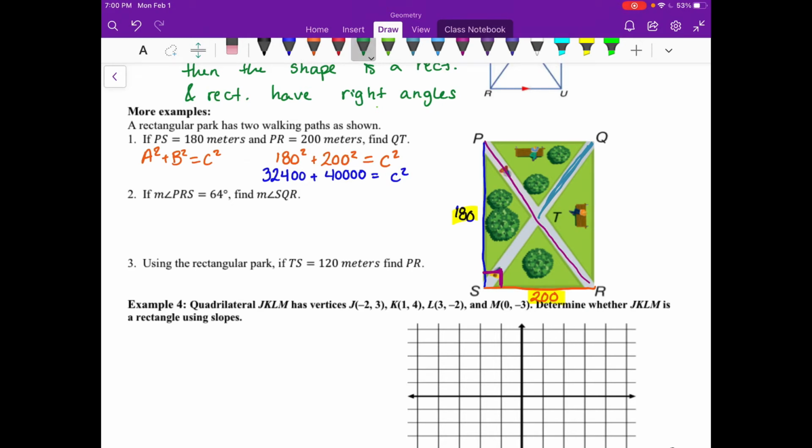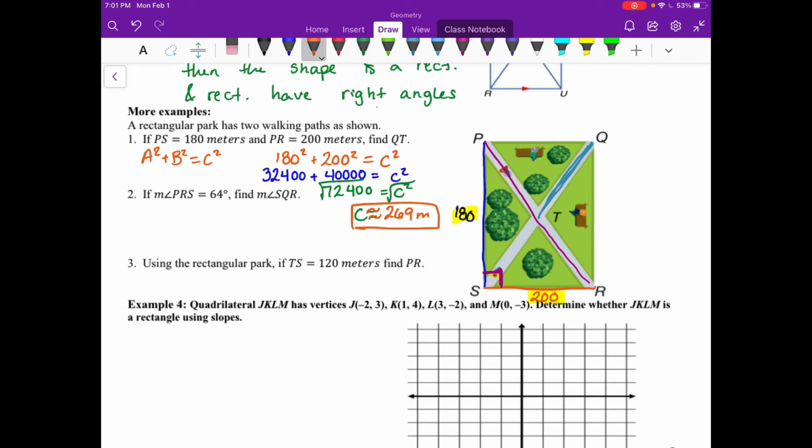And I got 72,400. We're going to square root c squared to get c by itself. So c equals about 269 meters. So that's our missing diagonal.